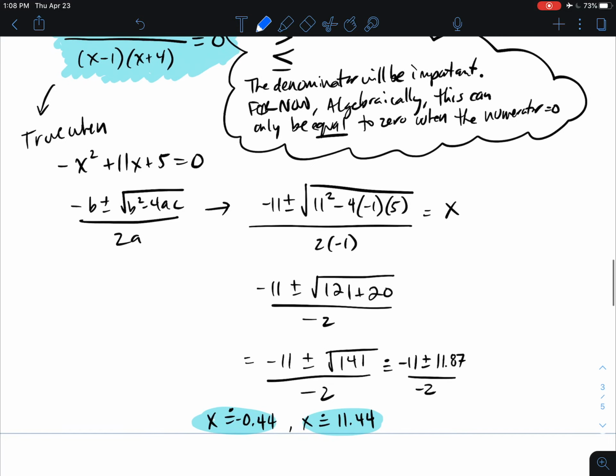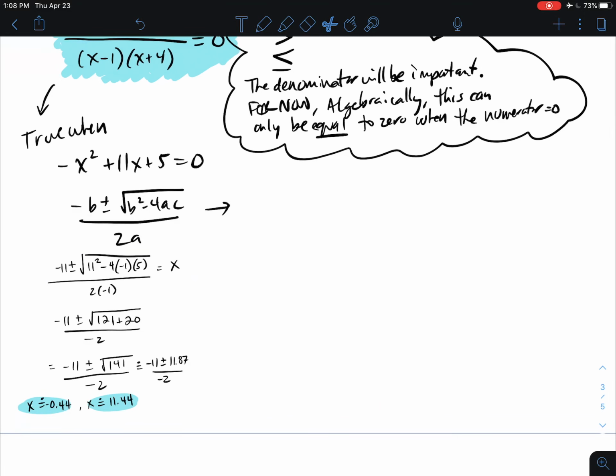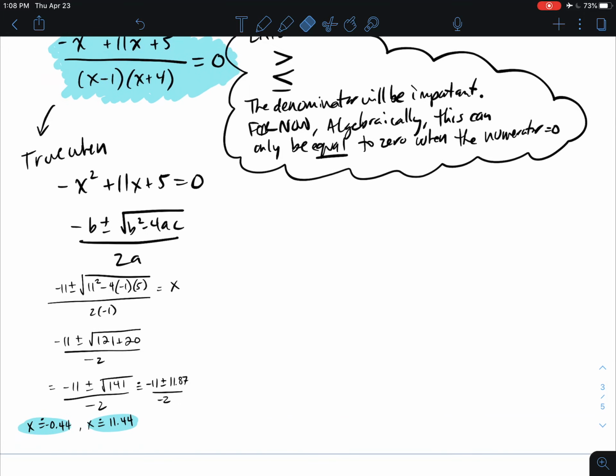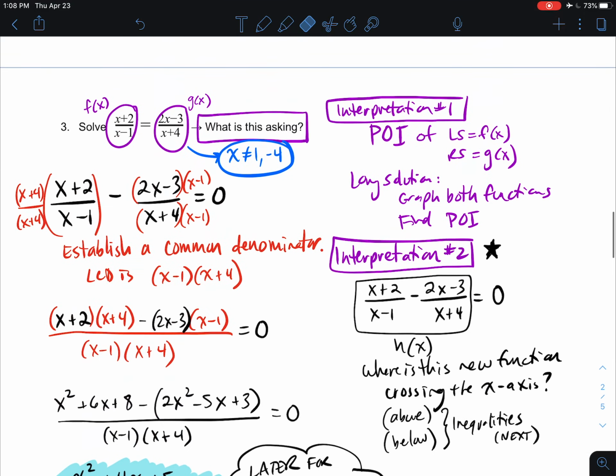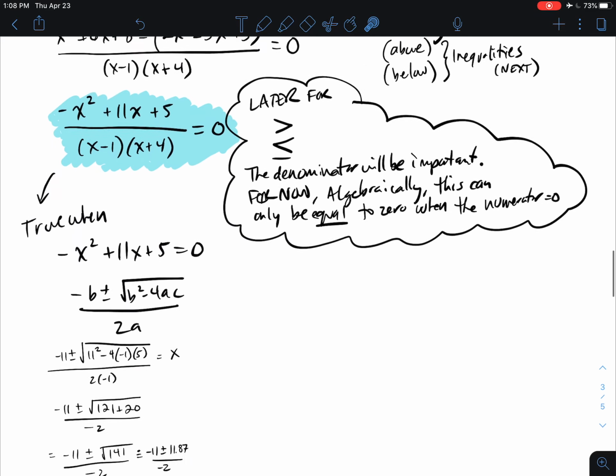Now again, let's just go back to after we've done all that algebraic work. What does this mean? What did we just find? What was all that work for? I just want to remind you that this question is all about these graphs. We have this graph equals this graph. And what we just found is that those two graphs would be equal to each other in two places.